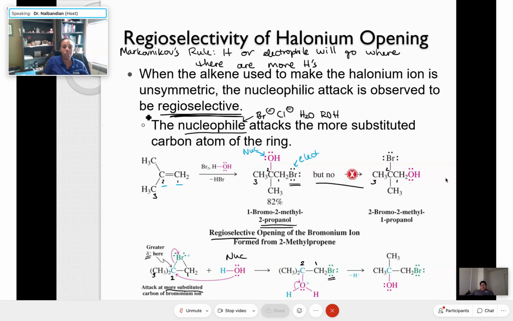So this also leads to another rule. Remember when we had our oxycyclopropane, right? We had this kind of thing. This is neutral. So when you have a neutral ring, then your nucleophile will attack the less hindered side.